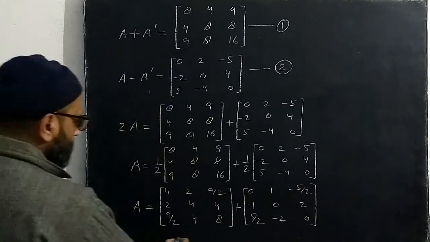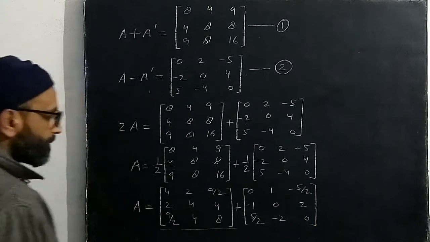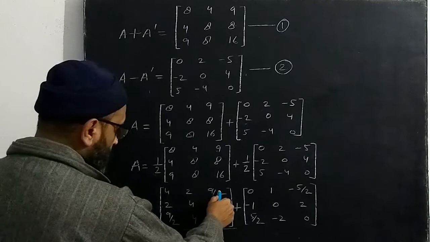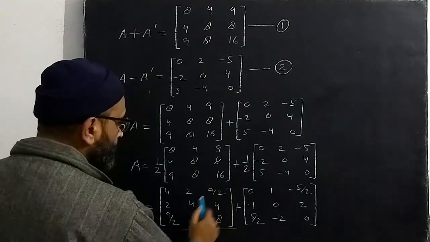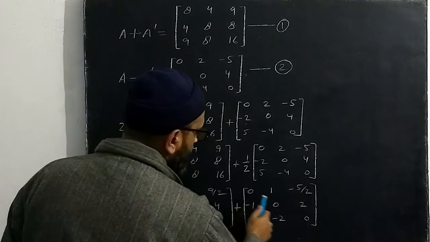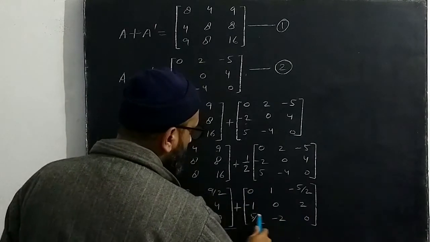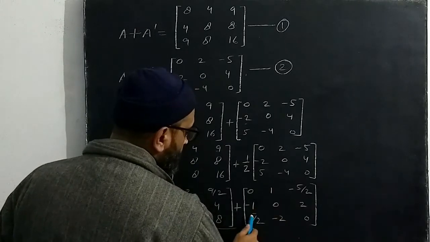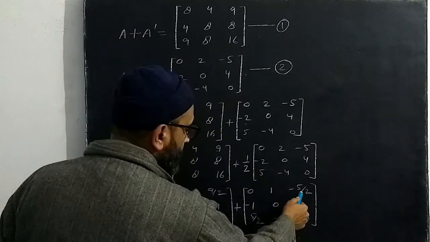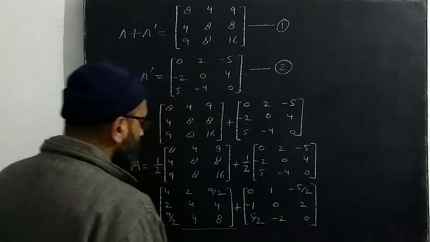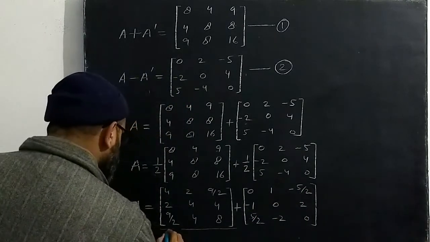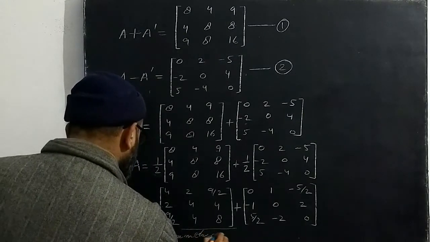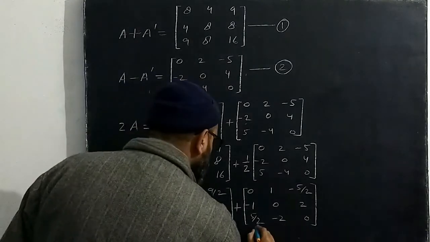As you see, this is a symmetric matrix. 2 is in front of 2, 9 by 2 is in front of 9 by 2, 4 is in front of 4, and this is skew-symmetric matrix because every diagonal element is 0, and about the diagonal, minus 1 is in front of 1, 5 upon 2 is in front of minus 5 upon 2, and minus 2 is in front of 2. So this is a symmetric matrix, and this is a skew-symmetric matrix.